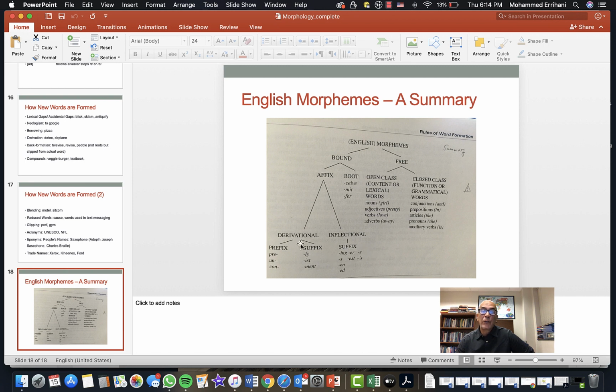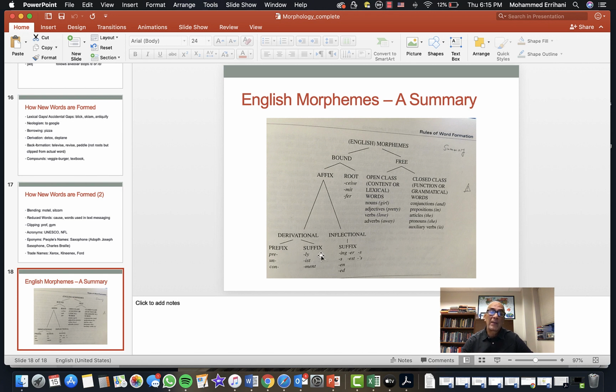So a derivational morpheme can be a prefix, for example, pre, un, or con, and it's attached at the beginning of a word. It changes the grammatical category or the meaning of the word that it is attached to, and we derive a new word or a new meaning.